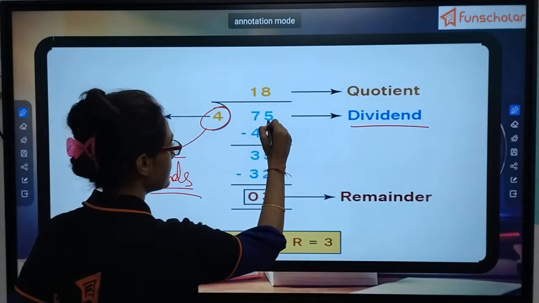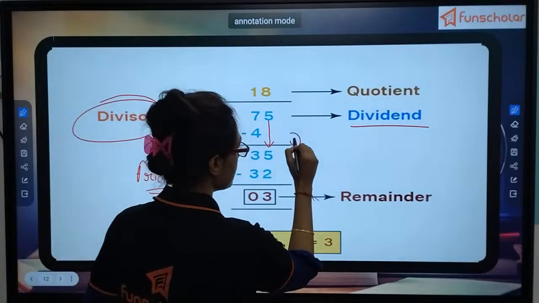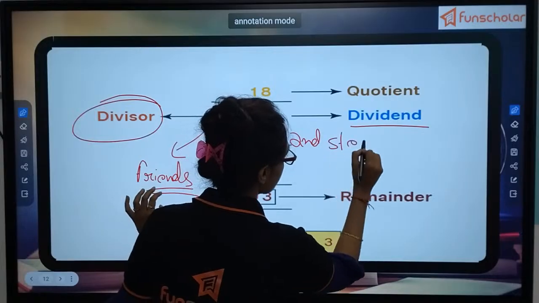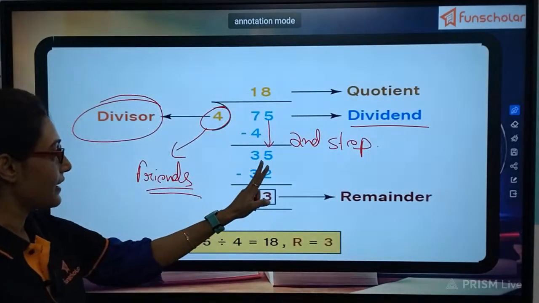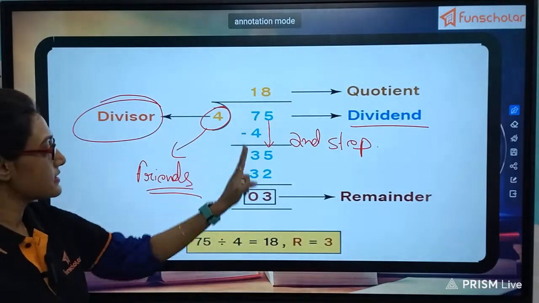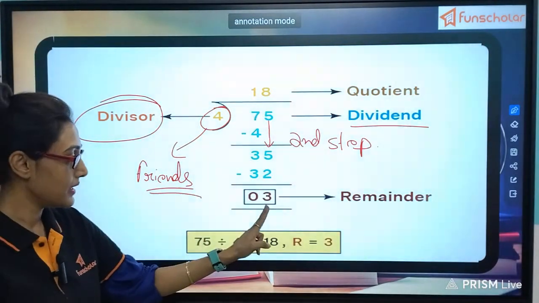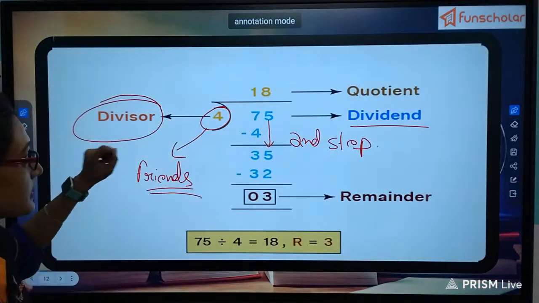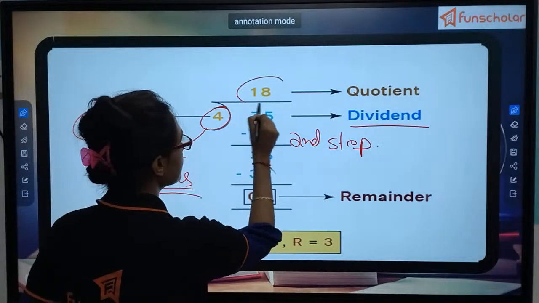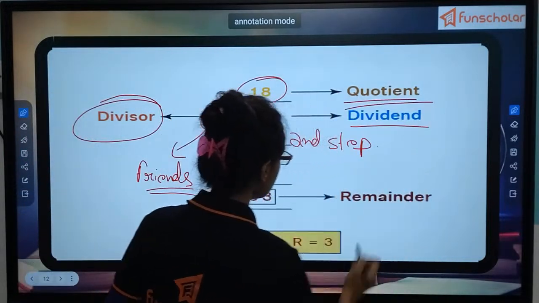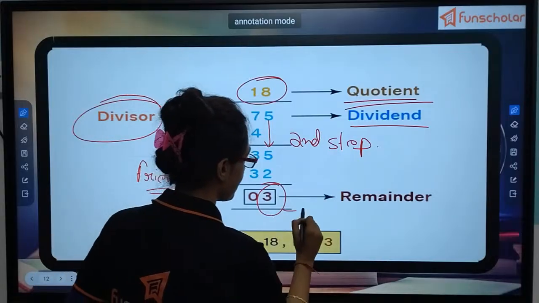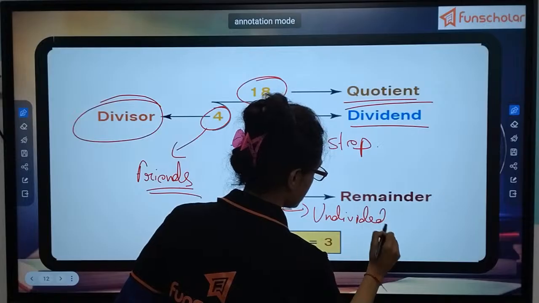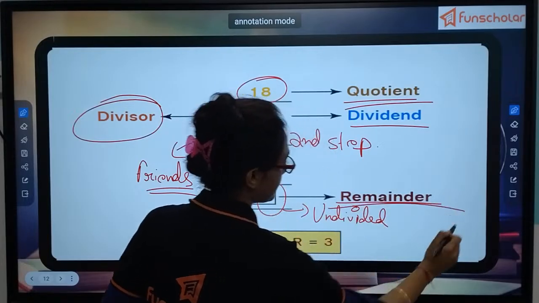Then 5 will come over here in the next step. So 35. 4 eights are 32. Then the remainder is 3. So if I have to divide 75 among 4 friends, then each will have 18 as the result or quotient, and 3 will remain undivided, which will be the remainder.